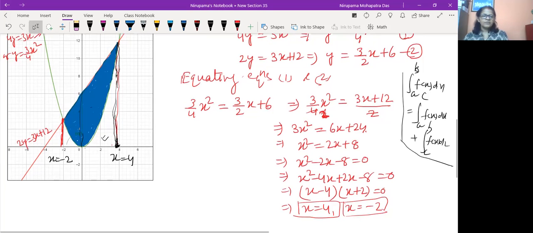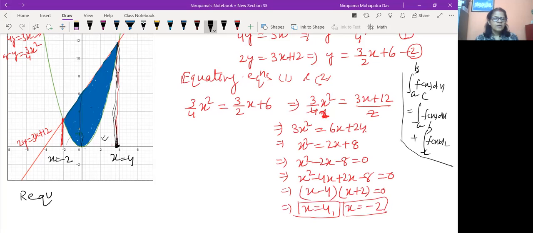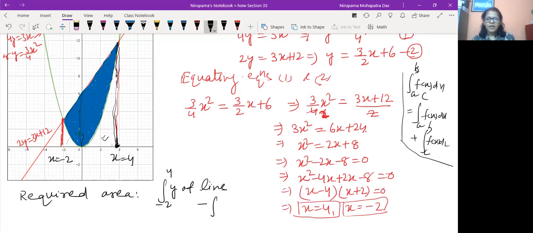So what we can write, required area will be the integral from minus 2 to 4 of y of line, the function in terms of y equal to f(x) representing the line, minus the integral from minus 2 to 4 of y of parabola.